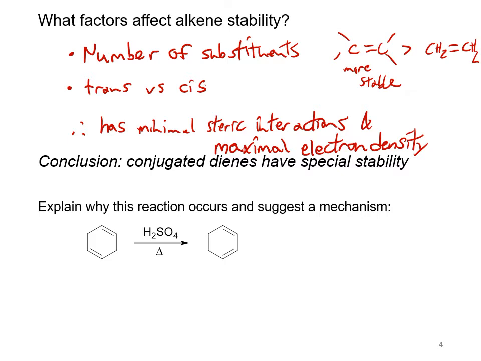All right, so those are the two things that can make an alkene more stable. But what we saw previously is that in conjugated dienes, there is something more. There is a special stability associated with conjugated dienes. These are dienes of the type where there's the alternating double, single, double bonds.